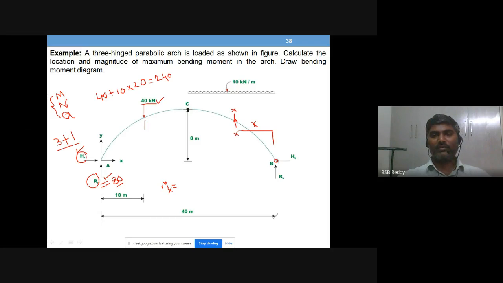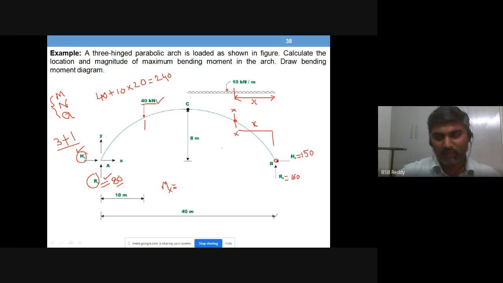So M_x, sum of all moments to the right. So what you have here, it is 160. And what you have the force here, it is 150. And you have load UDL only to this part, which is x. Okay, I think you got it.